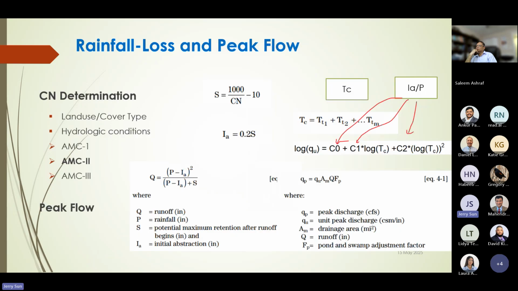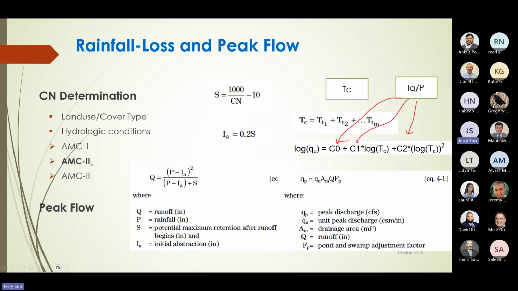So the first one is rainfall, then distribution, then we need a CN, that's a loss. Basically we have a land use type and soil type. From this and the hydraulic conditions, I don't think most people pay attention to the hydraulic condition. Basically we have three types, the ARC 1, 2, 3. 1 is dry, 2 is normal and 3 is wet, right? ARC 2, the normal condition, is the one we mostly use.